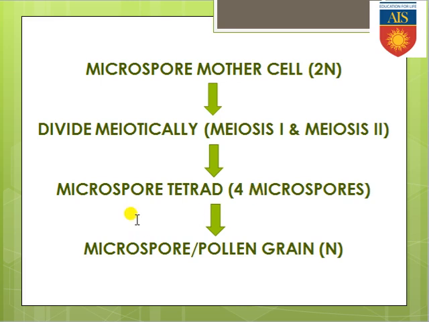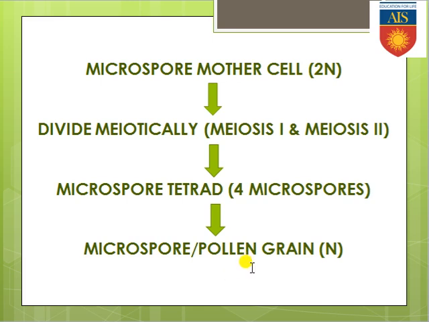Now, from this microspore tetrad, when single microspores get separated from each other, those microspores are considered functional microspores, because they are getting activated. These microspores or pollen grains now have the capability to pollinate or to get transferred to the surface of stigma.